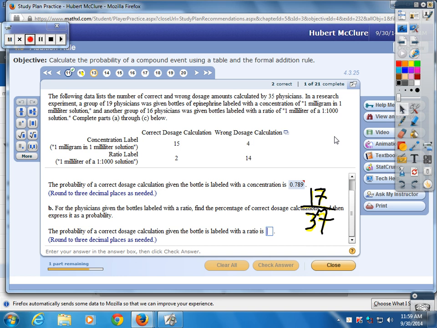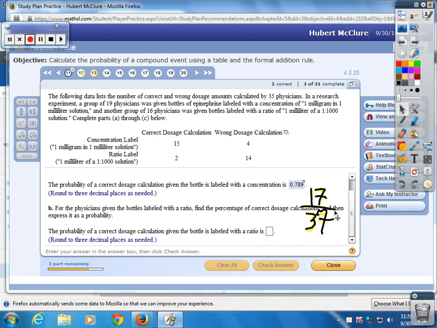For the physician given the bottles labeled with ratio, find the percentage of correct dosage calculation. Well, what did we find to begin? The probability of correct dosage labeled with a concentration of 0.789. This is the probability of correct dosage calculation given the bottle is labeled with ratios. That's this guy.